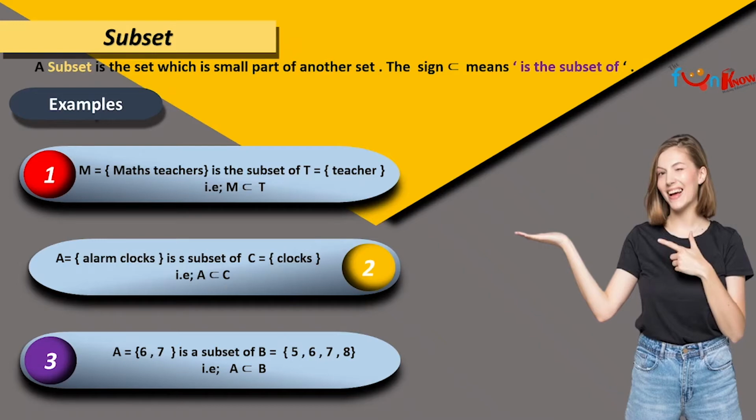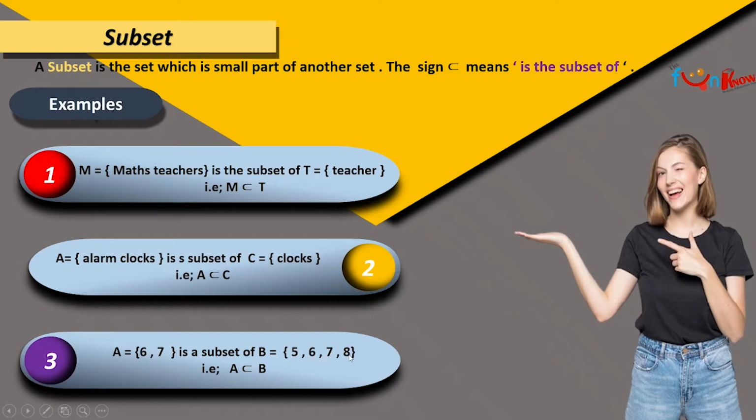Third one. A is equal to 6, 7, means there is a subset which is known as 6, 7, and there is a set which is known as 5, 6, 7, 8.